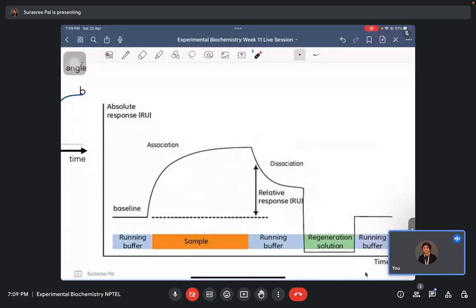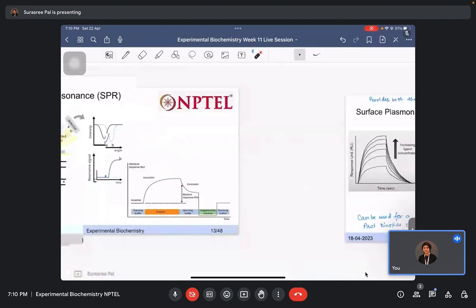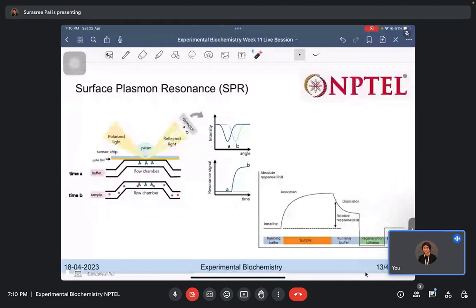This is called the dissociation curve. This part is the association curve, and this is the dissociation curve, and then the signal comes to the baseline. This is how we can get the resonance signal from an SPR experiment.